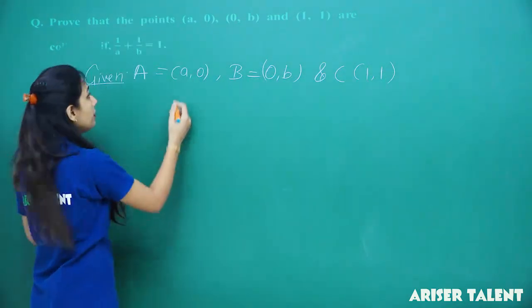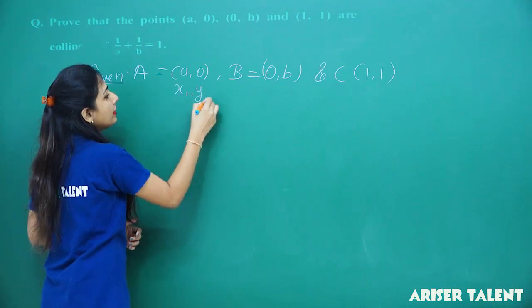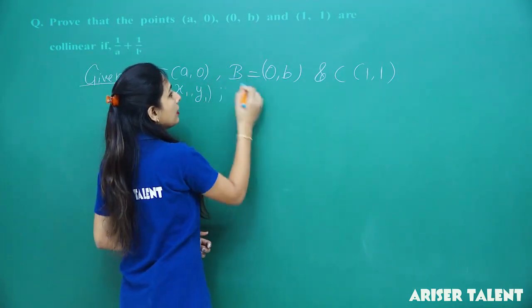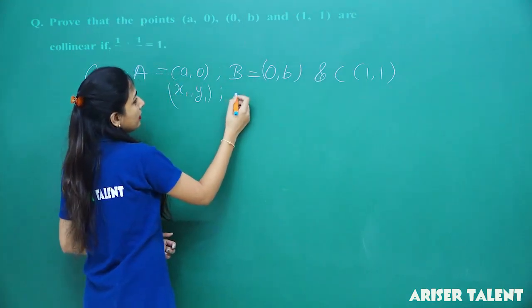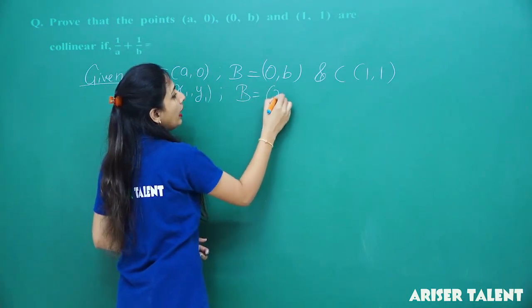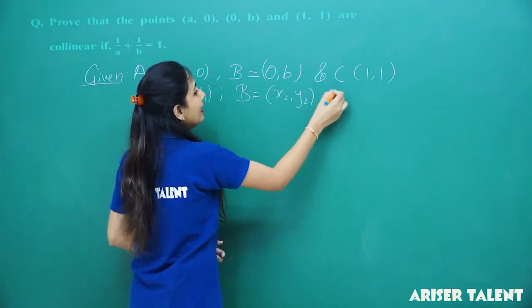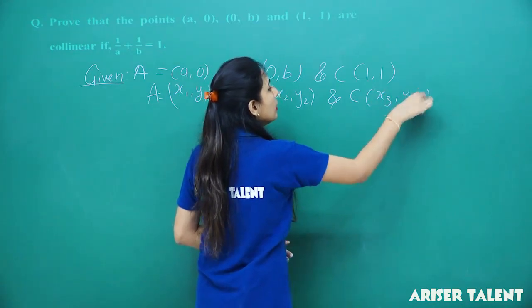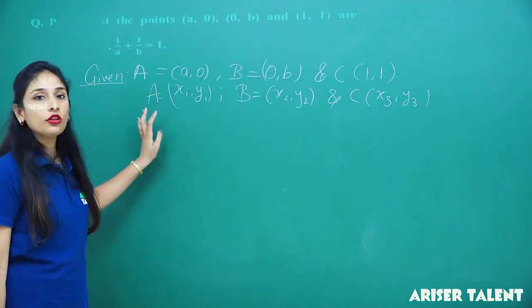Students, this is the same thing as x1, y1, and this is B equals x2, y2 and this C equals x3, y3. So you can now easily see the corresponding values.